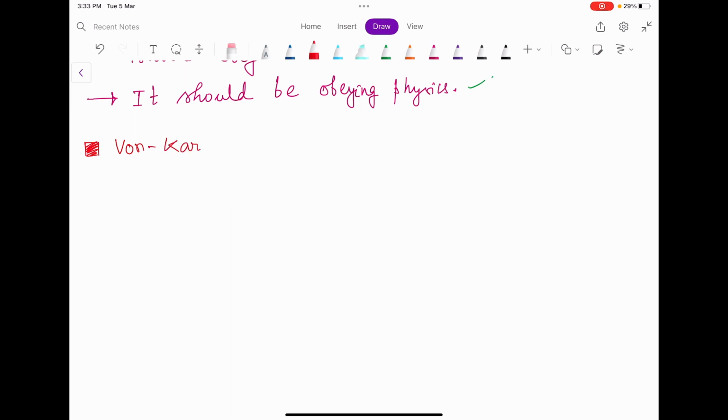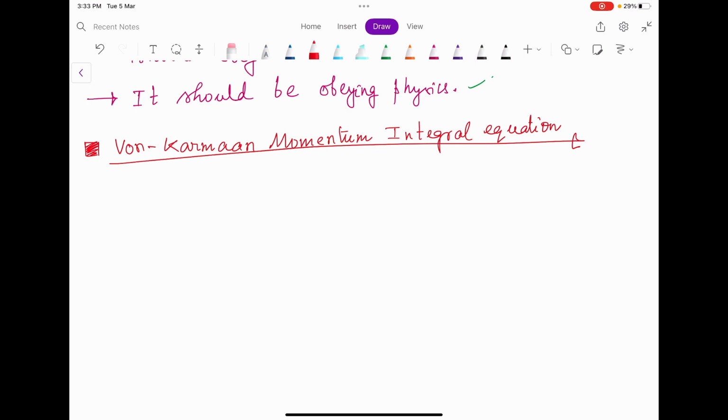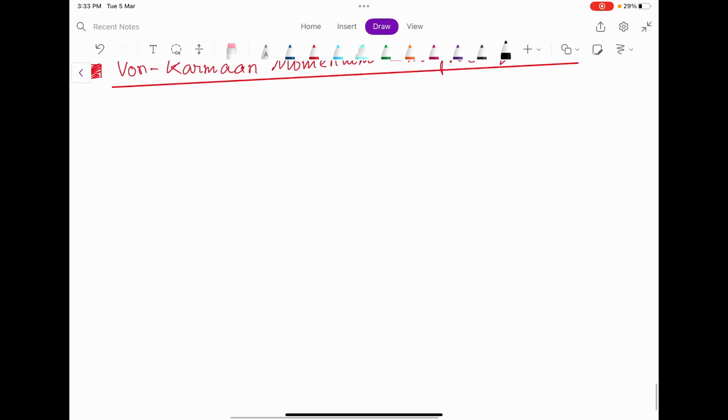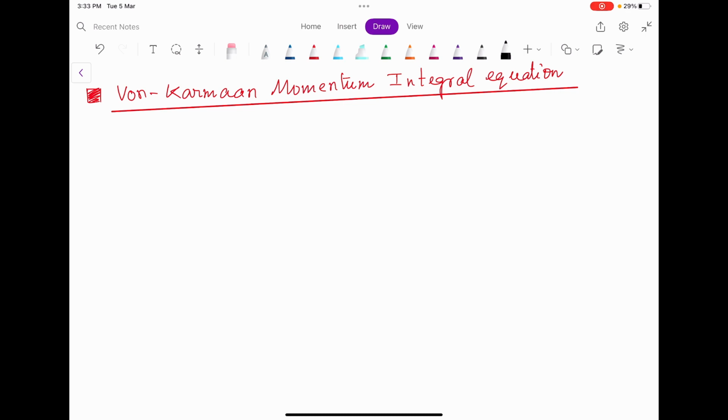So the von Karman momentum integral equation, and here what we will be doing is just integrate the x momentum equation of the boundary layer theory with respect to y.